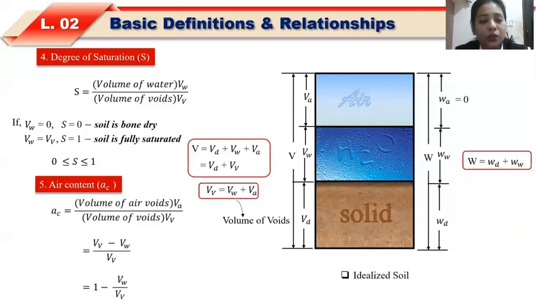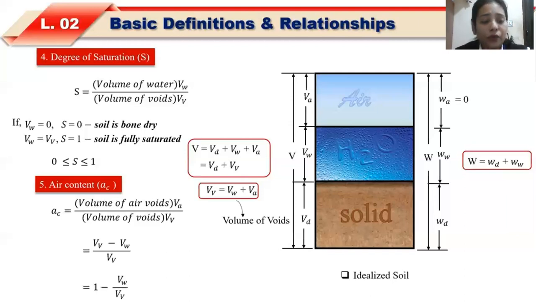But if the value varies between 0 to 1, then the soil will be called partially saturated soil. That means the value of degree of saturation can be 0 or 1, or it can be within the range of 0 to 1.